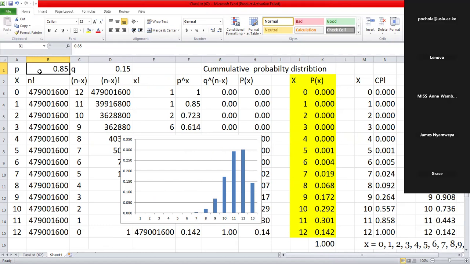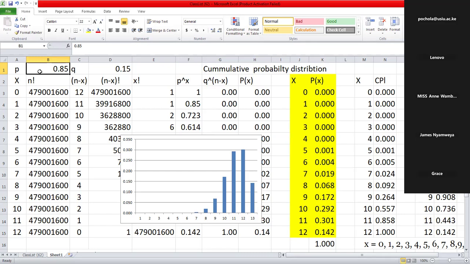So it means that as the number of successful surgeries X increases, the probability of getting a successful surgery also increases. They are directly related. They are not inverse.